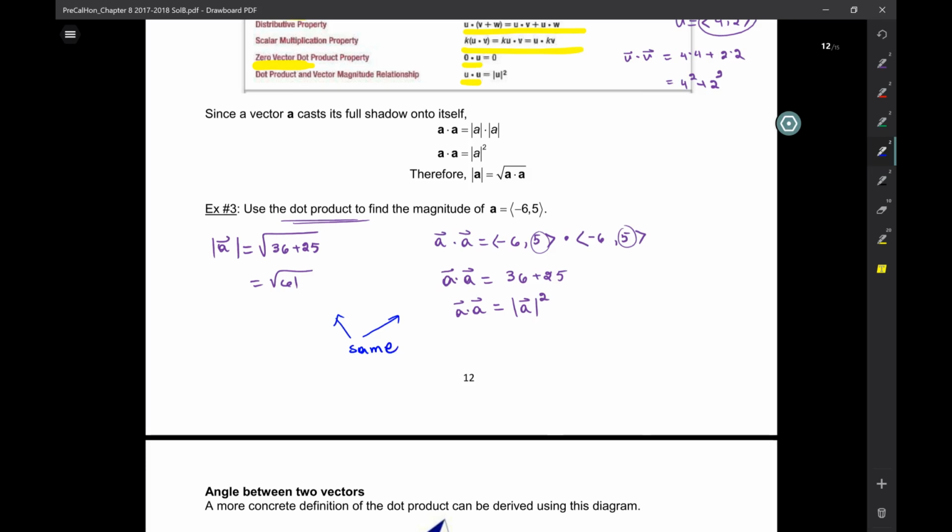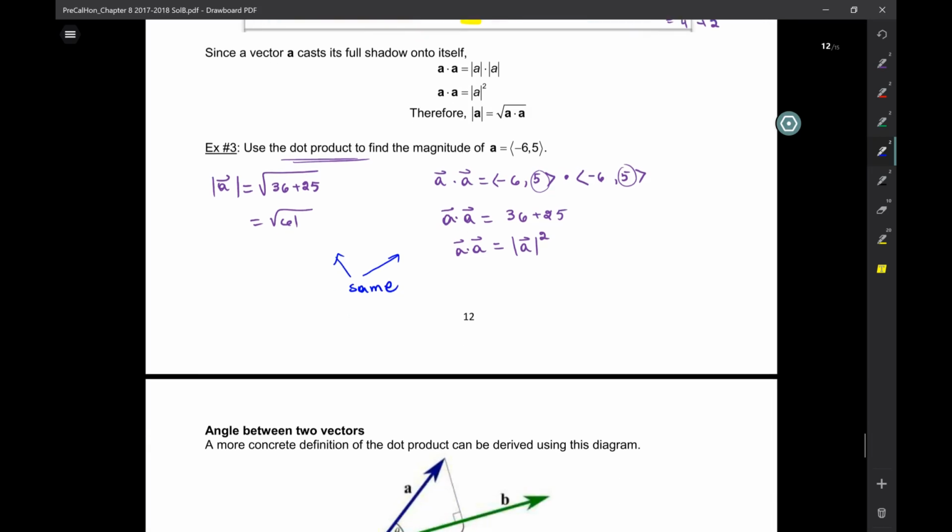Why is that? Let's talk about why that is. Here is why. If I have a vector A, and if I have the clone of that vector A, okay? If I were to shine my light now, perpendicular, how much of that A will be cast on the other A?